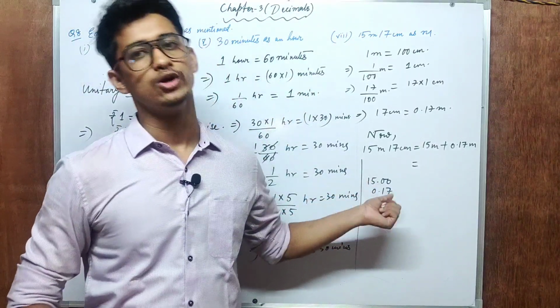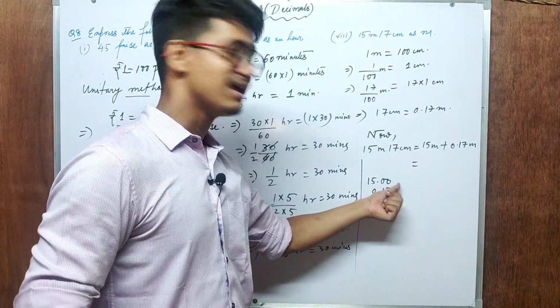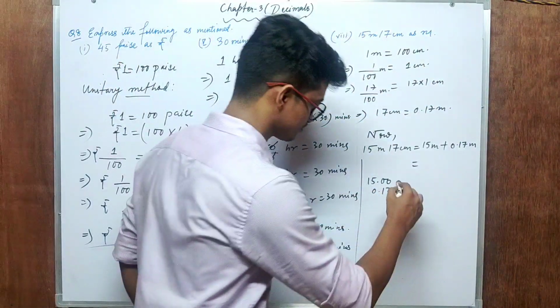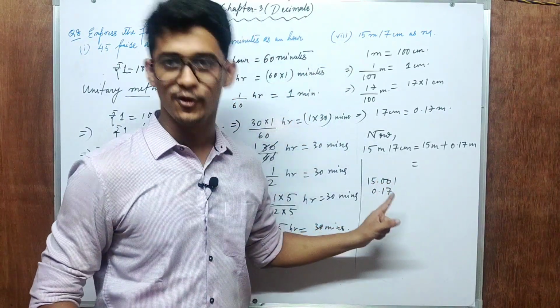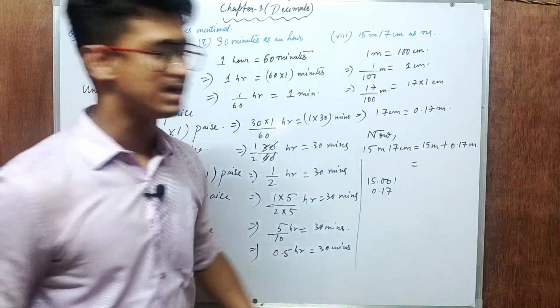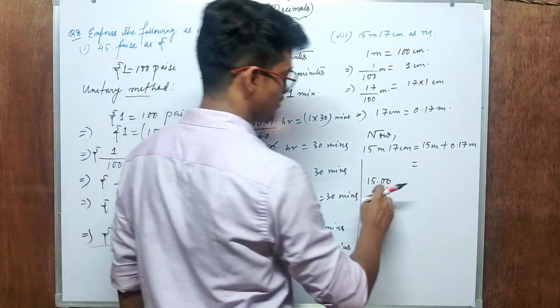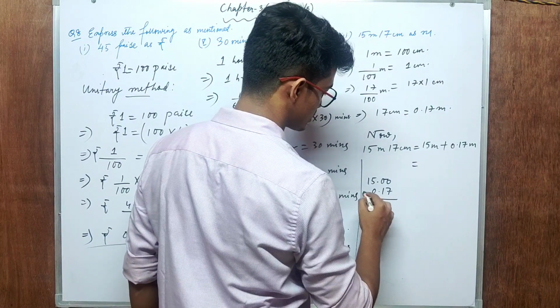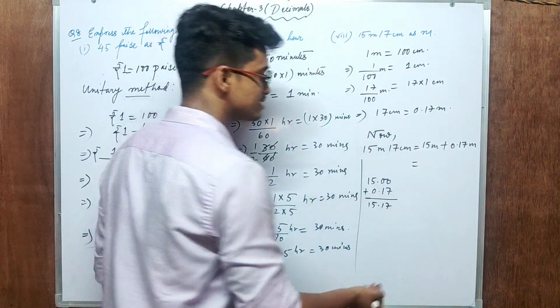After the point you can put numerous zeros. There is no such problem. If there is a 1, you cannot put numerous zeros before 1, right? If there is nothing, you can use as many zeros as you like. All right, so 15.00 and 0.17 plus.